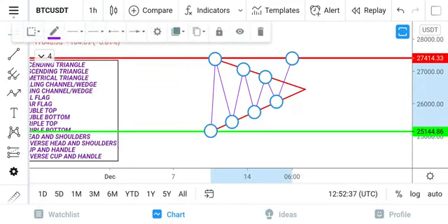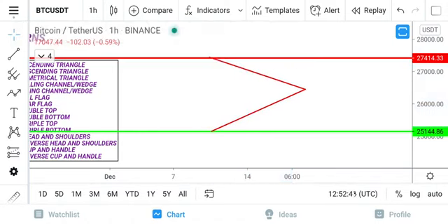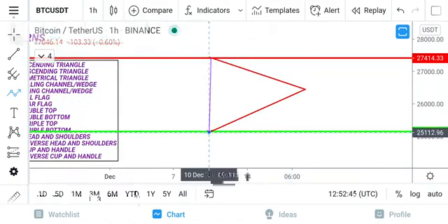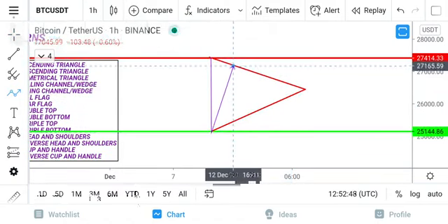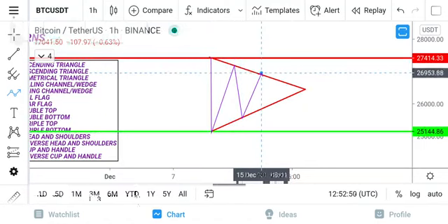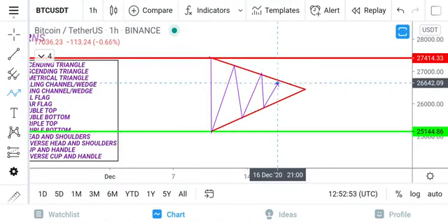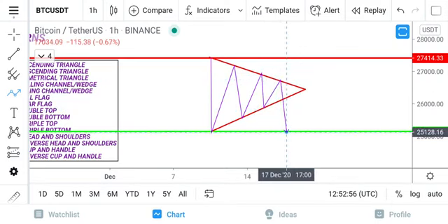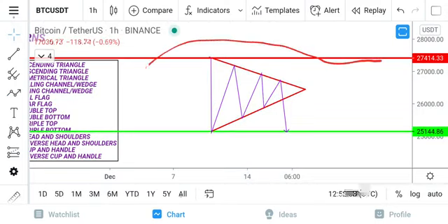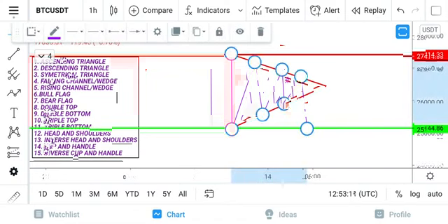But for the case of a downtrend, it's going to move like this, and breaks down because the price is probably below the 200 period or 50 period moving average. So that's how a symmetrical triangle is formed.